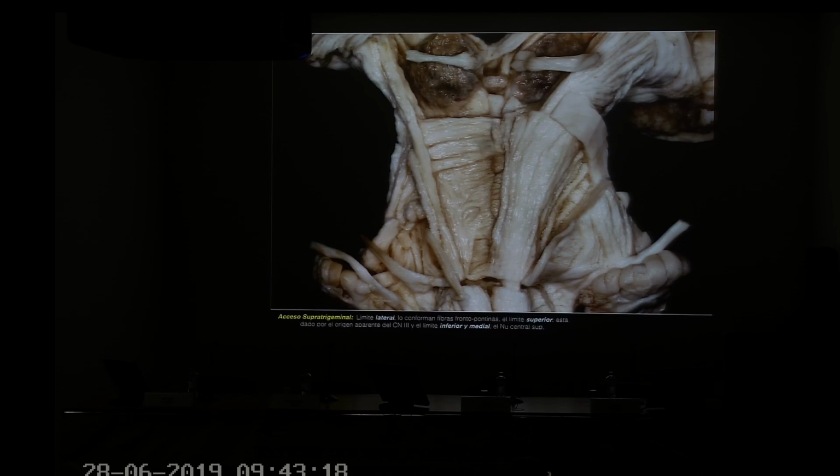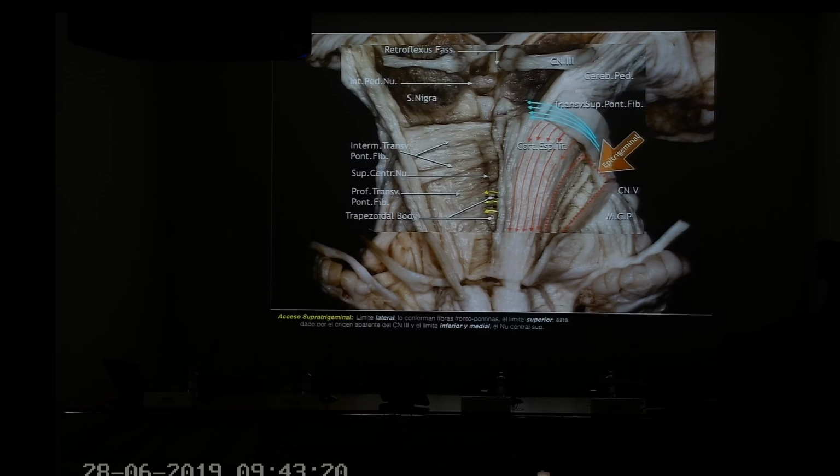It's very interesting to see. You see? Trapezoid body. The fibers cross from one side to the opposite side. Here, these are the transversal fibers, and this is the corticospinal fiber tract. And you see, a very interesting point, this is the peritrigeminal area.